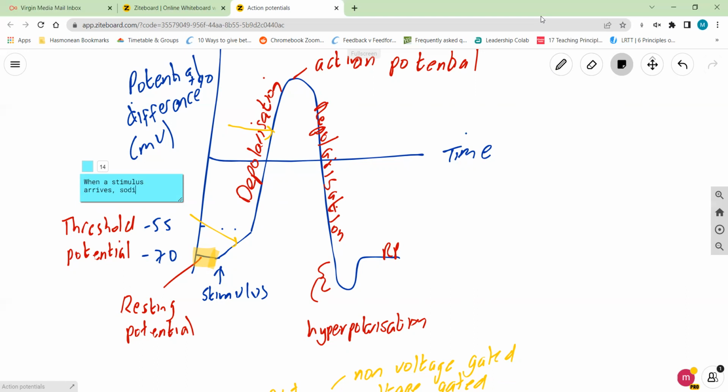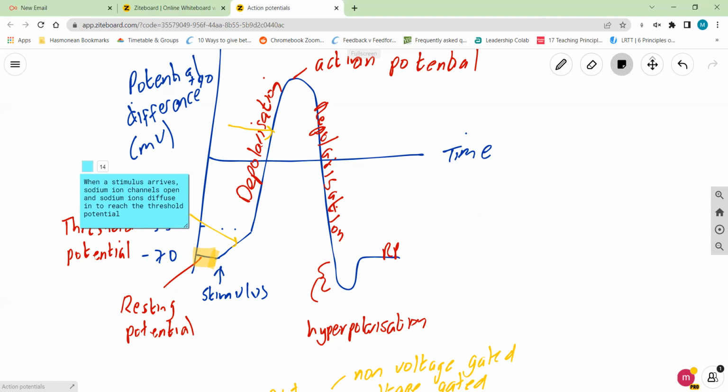Sodium channels open and sodium ions diffuse in to reach the threshold potential. Because I've mentioned channels, I don't need to say move in by facilitated diffusion, because I've already talked about the fact that it's moving through channels. Okay, so that's that one.